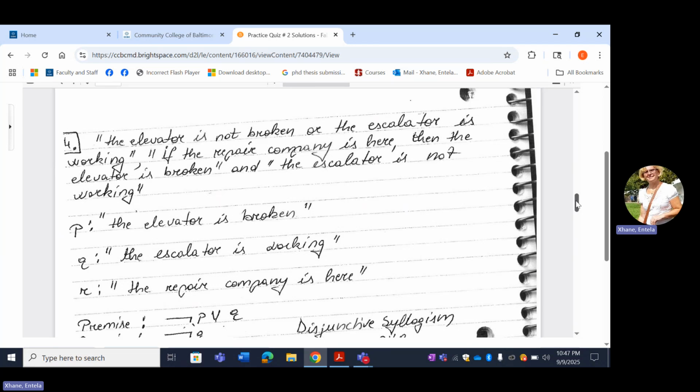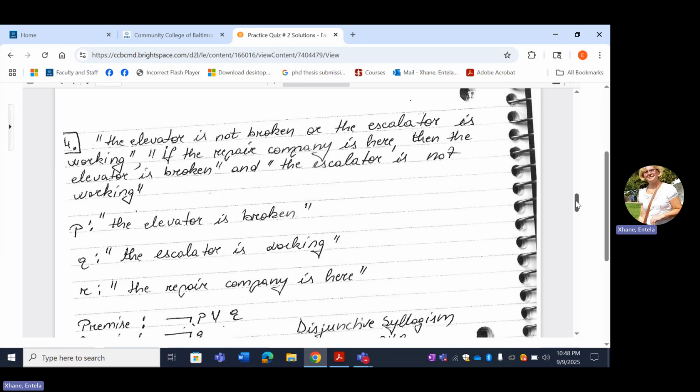So let's look at it. The elevator is not broken, or the escalator is working. So this is connecting by or, which is a disjunctive logic operator. And that leads us to building an argument that is going to require the disjunctive syllogism.